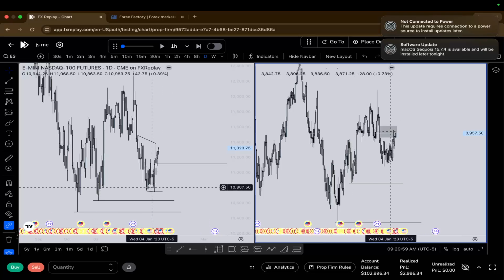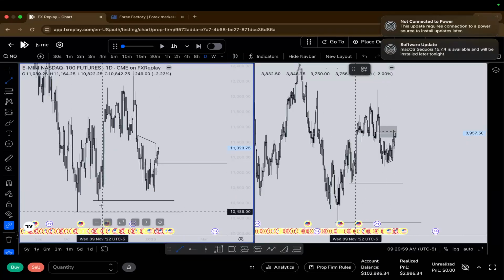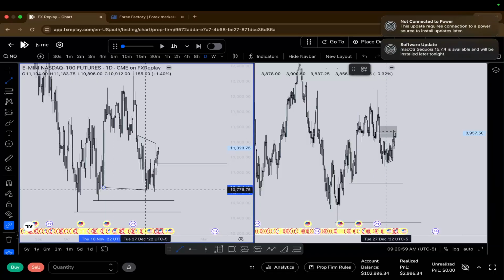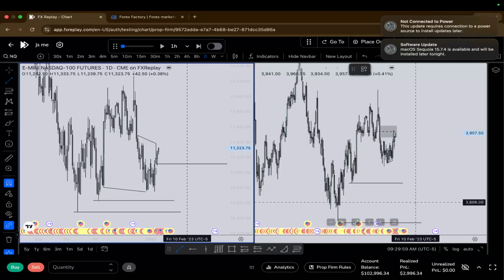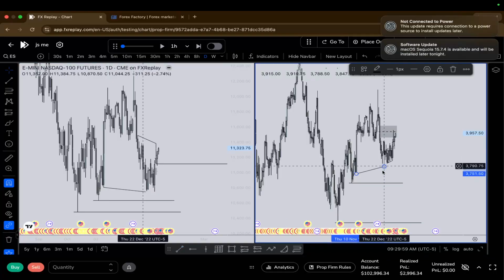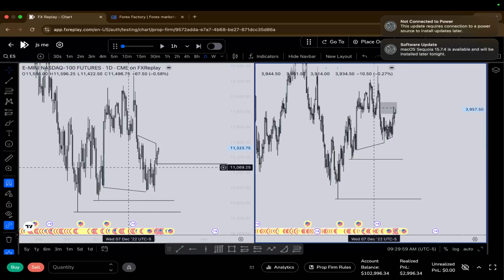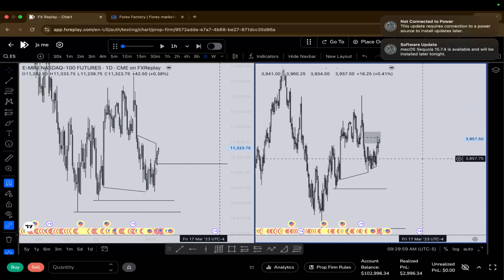We SMT'd these lows, which was what ultimately gave us that reversal reaction, right? We still have these lows below, but ultimately that's what caused this reversal and the sweep of this at the same time.